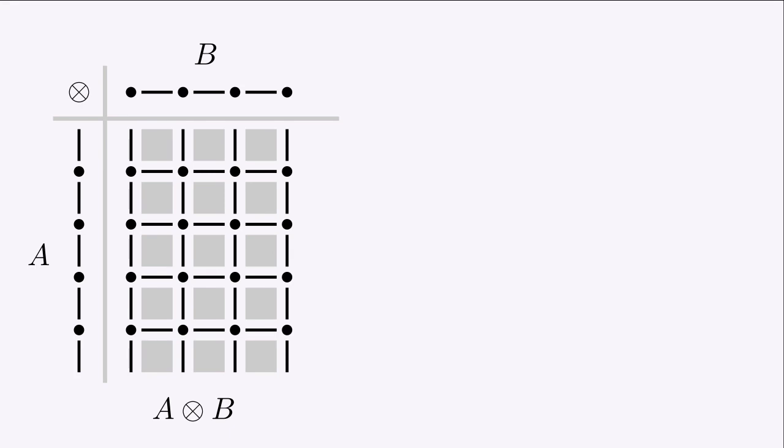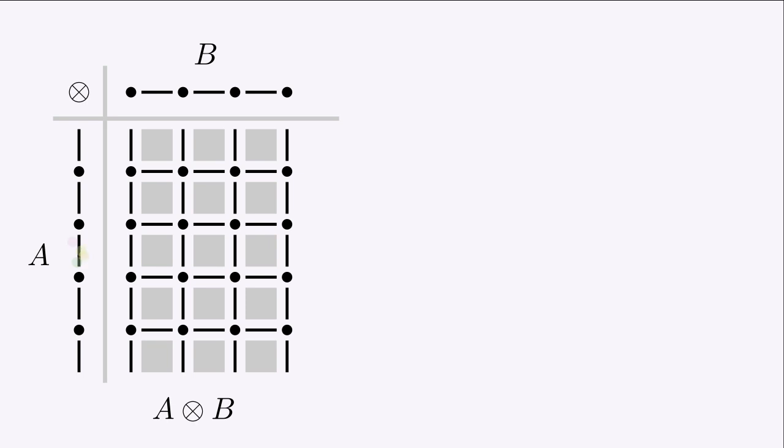The hypergraph product in this example is a surface code. I like this picture because you can really see the geometry. The points in the A code multiply with the points in the B code to give you a point in the surface code. And similarly, a point times an edge gives you a horizontal edge in the surface code.